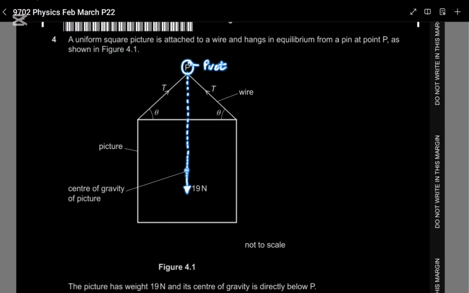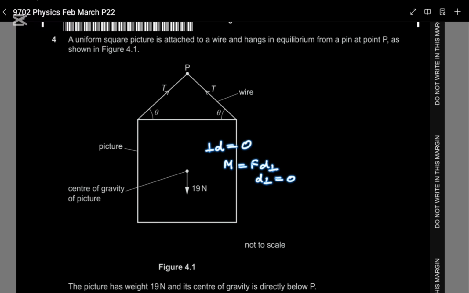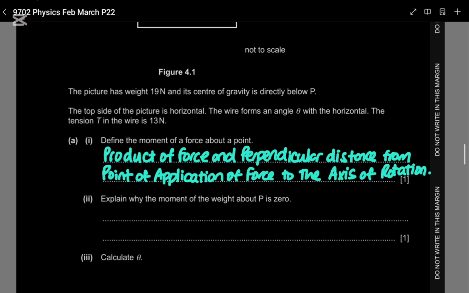Whenever the line of action of a force passes through the pivot, the perpendicular distance is equal to 0. We know that moment is equal to force times perpendicular distance. If the perpendicular distance is 0, then the moment is equal to 0. I hope that makes sense.